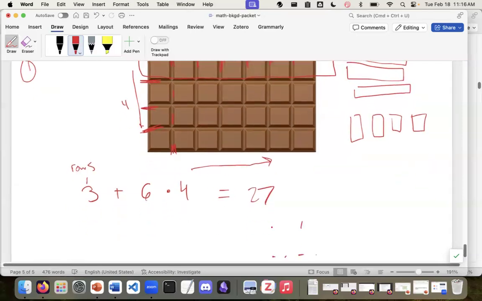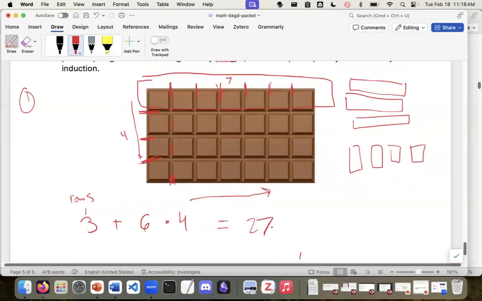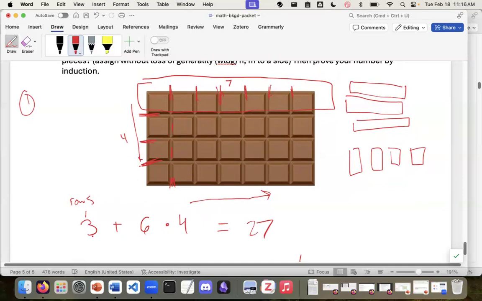The goal is to do it for a general chocolate bar. So at this point, now that we know it works for this specific example, we want to come up with a general formula. So the general formula, we've got 3 plus 6 times 4. So we want to abstract this chocolate bar a bit. We've got our length and width, the long side and the short side.